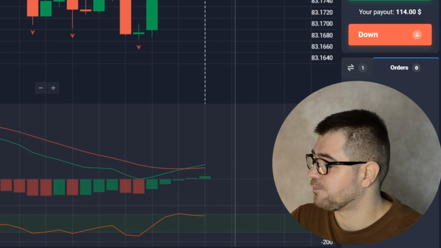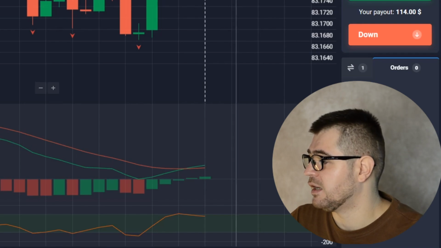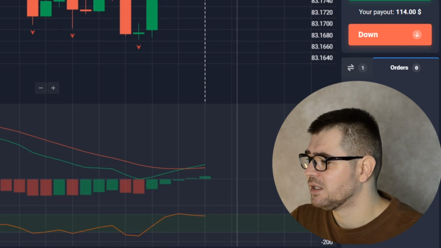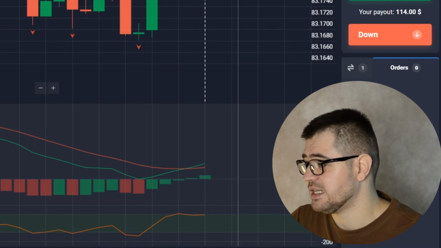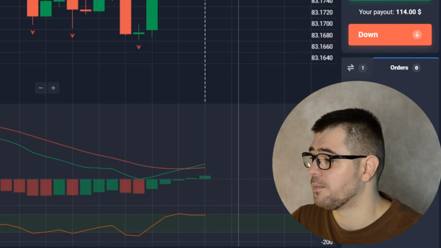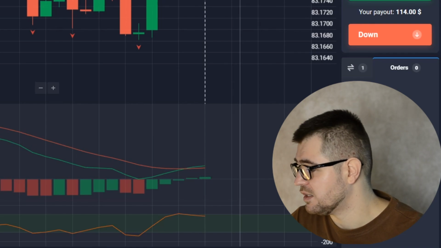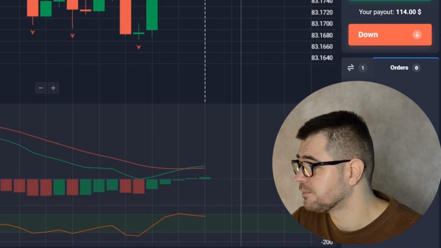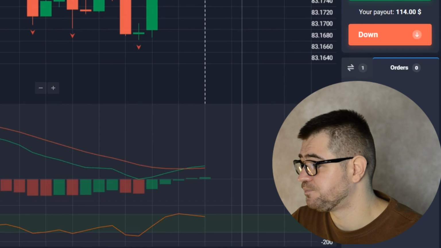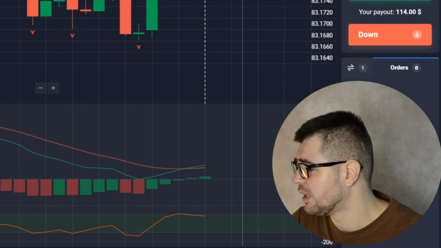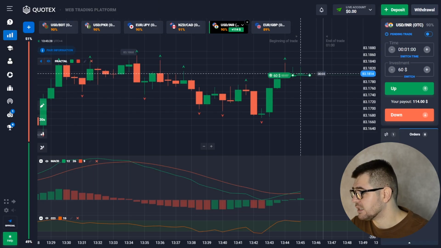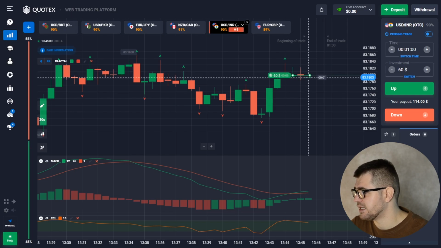It's pretty easy, the fractal, because that's the idea behind it, but you also need to combine it with other stuff. Therefore we have the MACD which gave us an indication to go up, and that's basically the idea behind it around here.